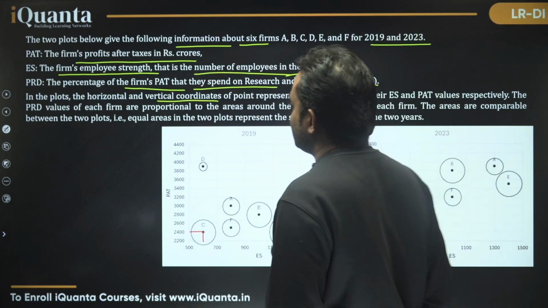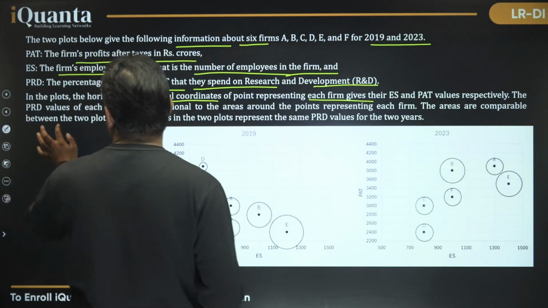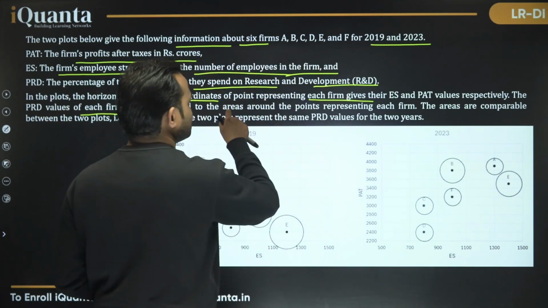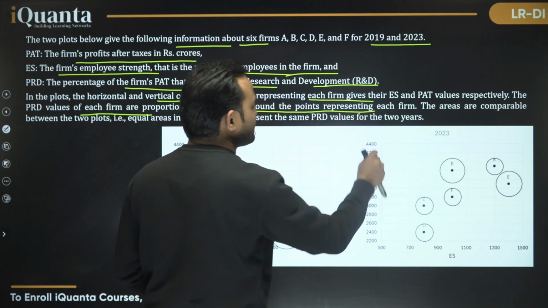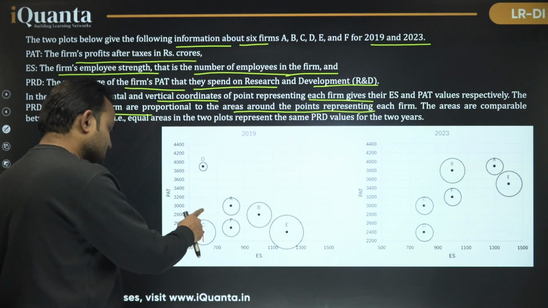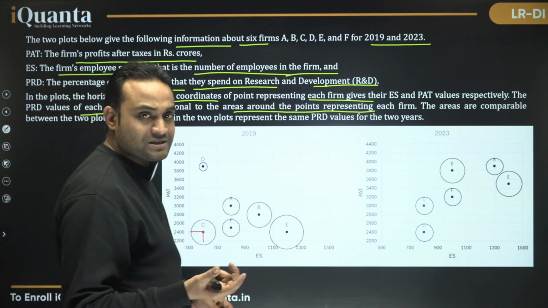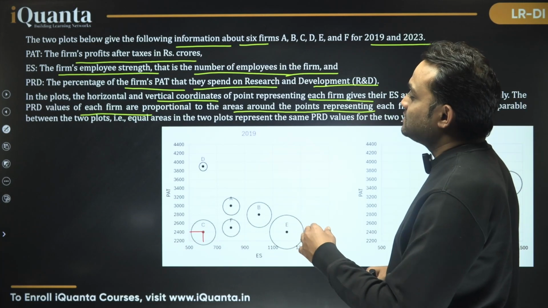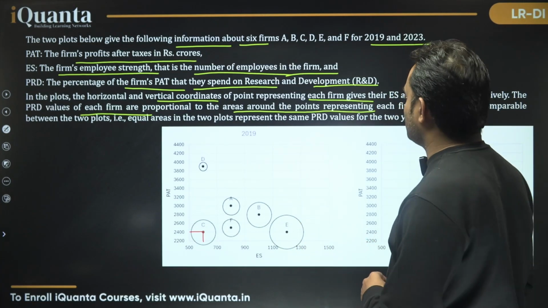Now it says the PRD value of each firm is proportional to the area around the points representing each firm. So these are circles, and the area of each is proportional to the PRD value.